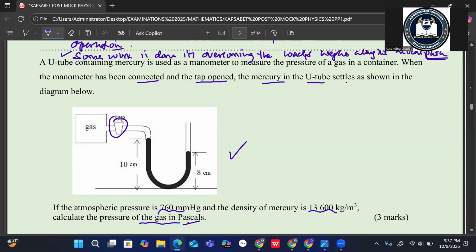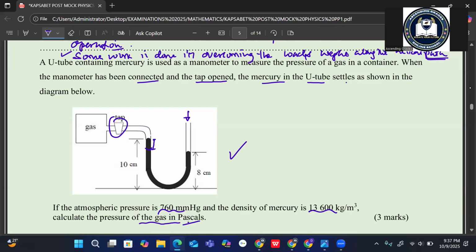If you look at this one carefully, the atmospheric pressure will be acting in this manner, and then it is working against a small portion of extra height here.